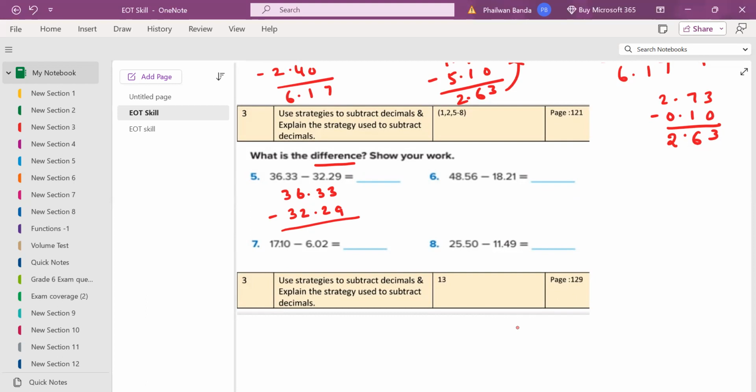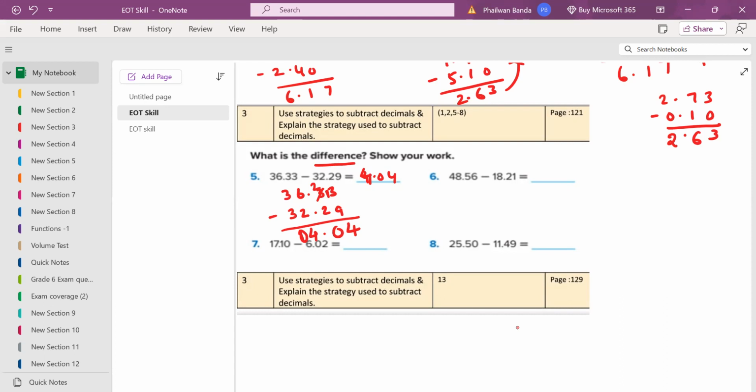What I will do, I will borrow from the 3 tens, 1 ten here, it will become 13. And from 3 tens, it will become 2 tens. So 13 minus 9, 4, 2 minus 2, 0, 6 minus 2, 4, and 3 minus 3 is 0. So the answer is 4.04. Okay. In the same way, you can do question number 6, 7, and 8.